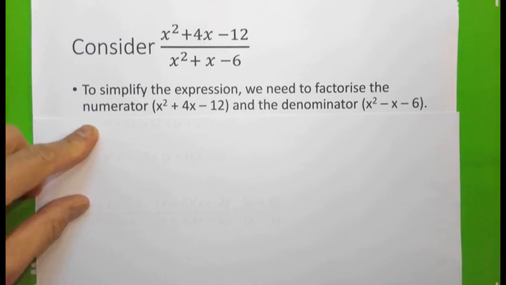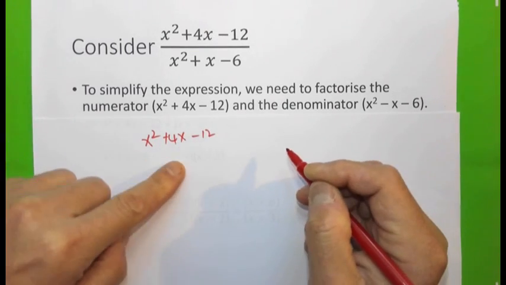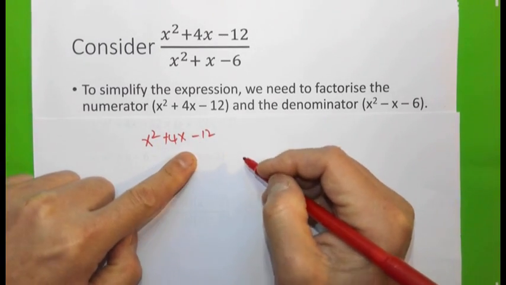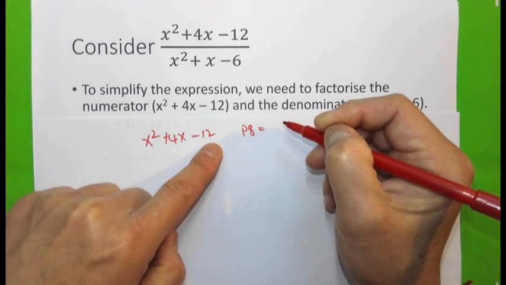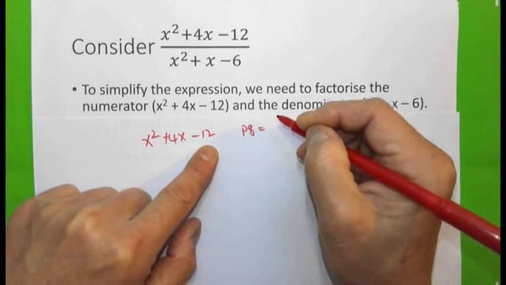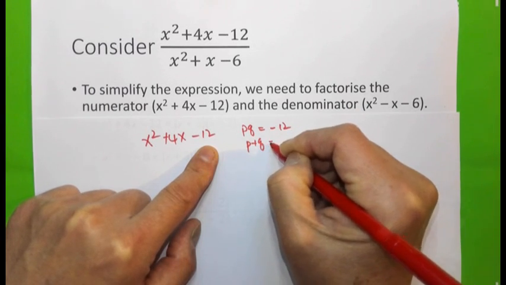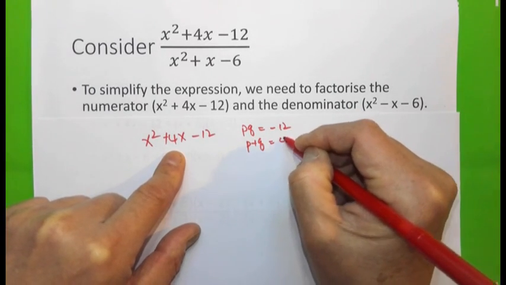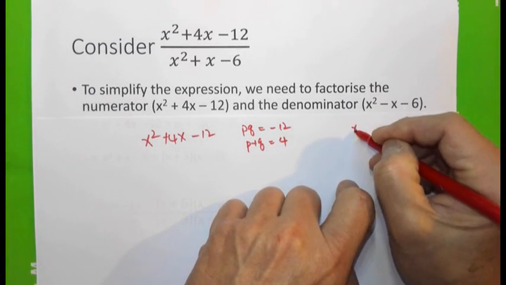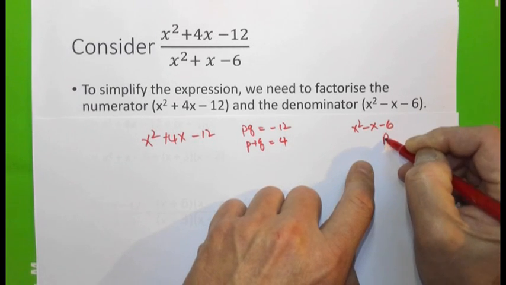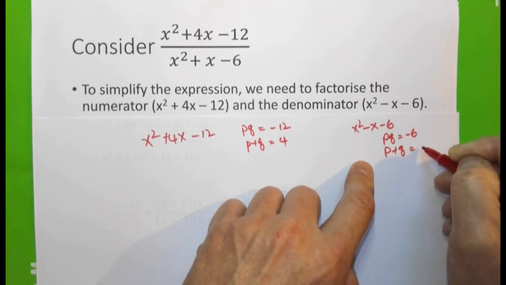We know that for this expression, x squared plus 4x minus 12, we need to find two numbers, p and q, which, when they multiply by each other, give us a product of minus 12, and p plus q equals 4. For this one, we know that pq has to be minus 6 and p plus q is equal to 1.